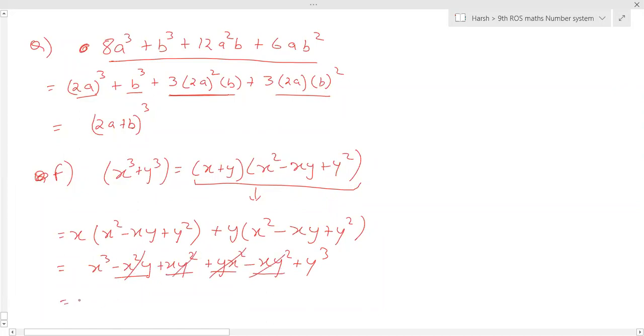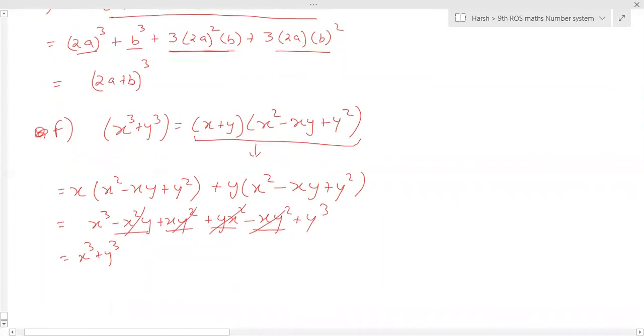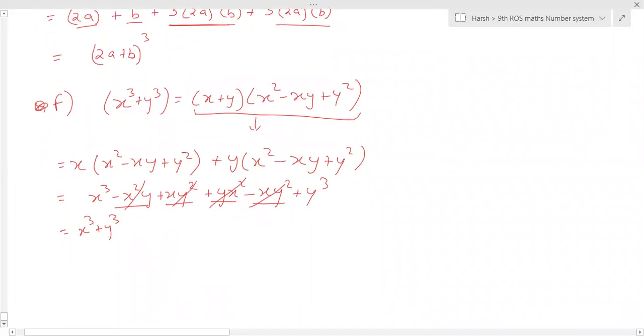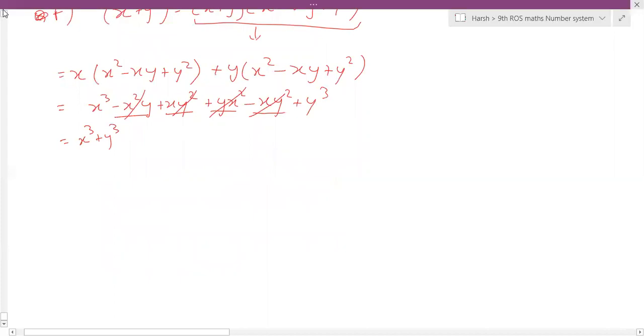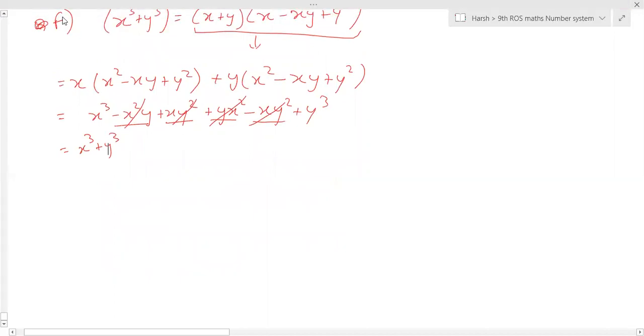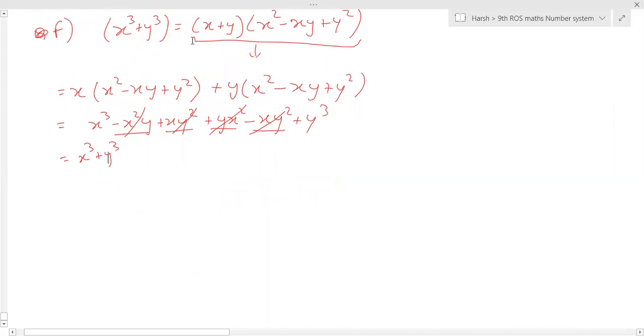What is left out? Got it? Any doubt? No, sir. Anybody else? Not clear. What is not clear? The derivation. I multiplied these two. This into this I multiplied. Vaibhavi, where is the confusion? I multiplied to show you that this is equal to x cube plus y cube.